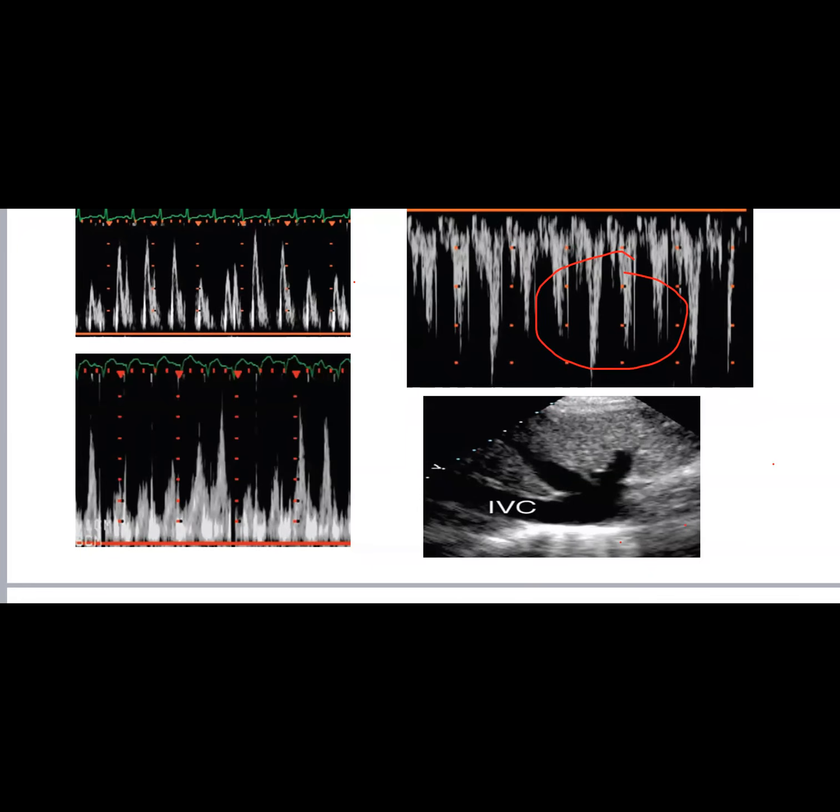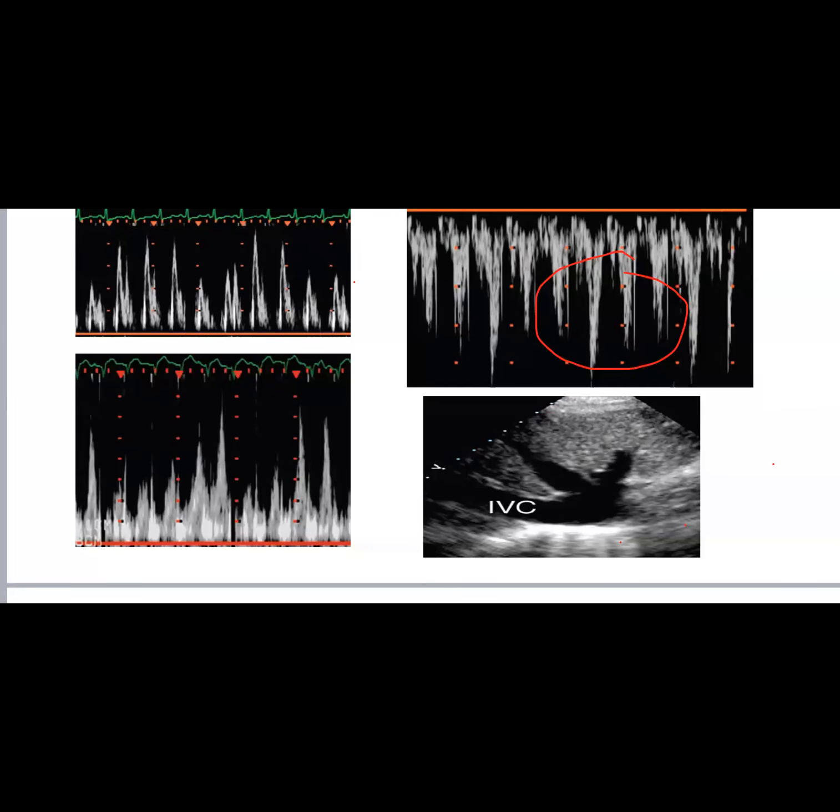Now, Ahmed, can you tell me what's going on in this LVOT tracing? In case of cardiac tamponade, there will be a decrease in LVOT velocity with inspiration. Also diastolic collapse of the RV.